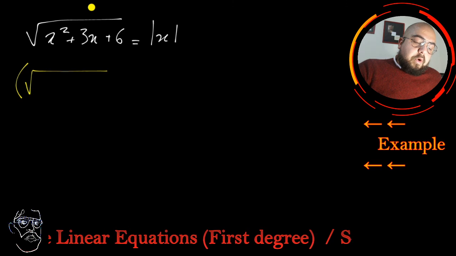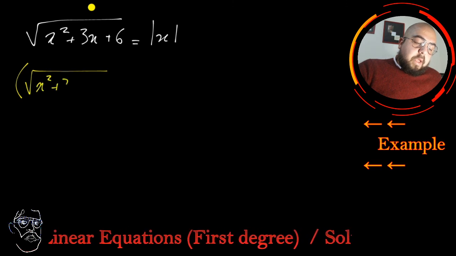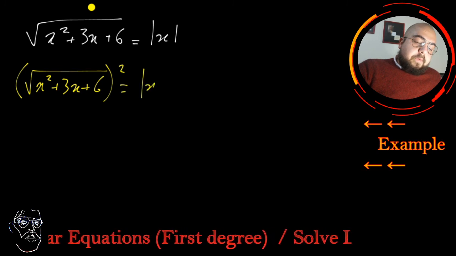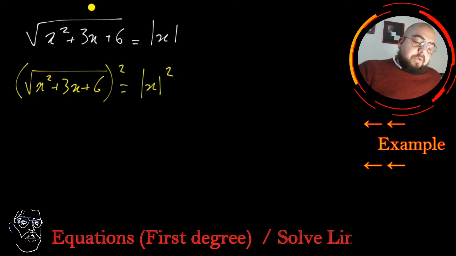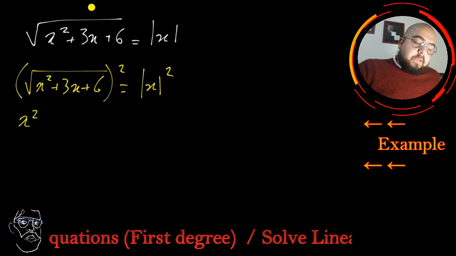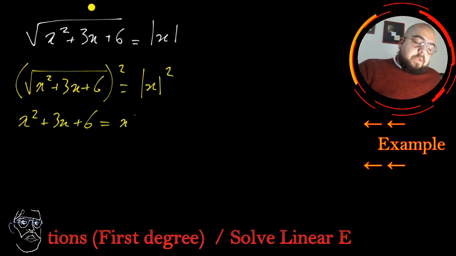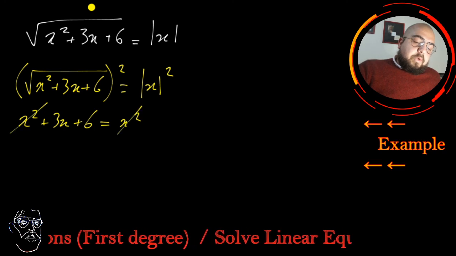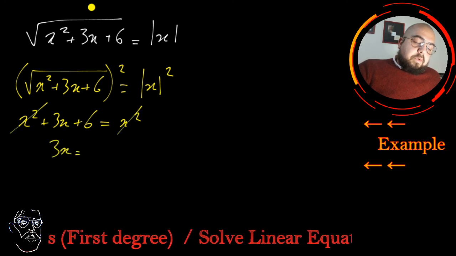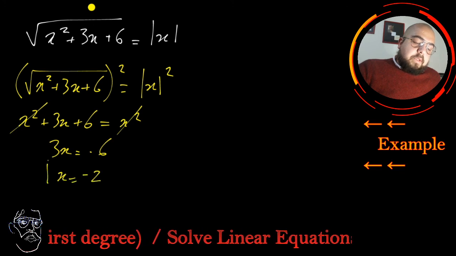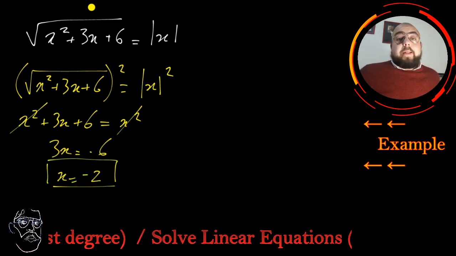So it will be the square root of x squared plus 3x plus 6 to the power of 2 is equal to the absolute value of x to the power of 2. So you will have x squared plus 3x plus 6 is equal to x squared. X squared, they will cancel out. 3x is equal to minus 6. X is equal to minus 2. And this is how you get your answer.